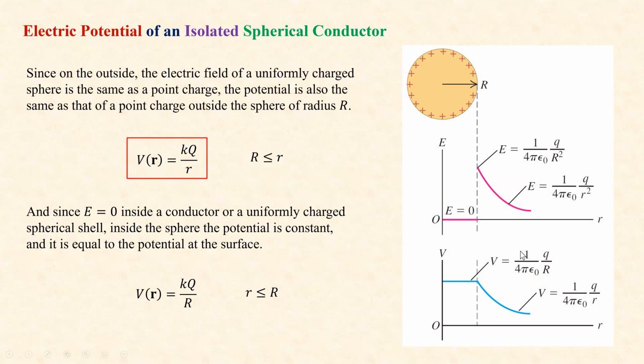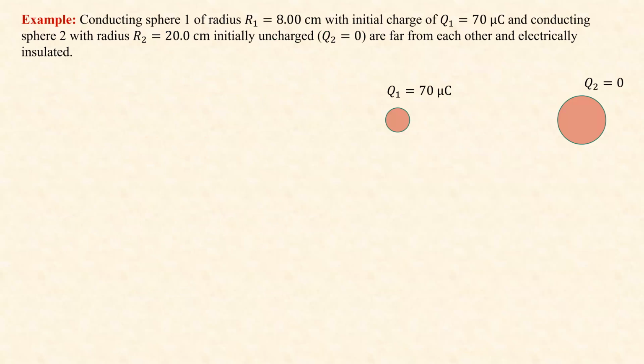On the surface is kQ over capital R. Inside is the same as the surface, so it is kQ over capital R. So you see there's a discontinuity for the electric field, but the potential is continuous. Okay, any questions? That's pretty much it for this.